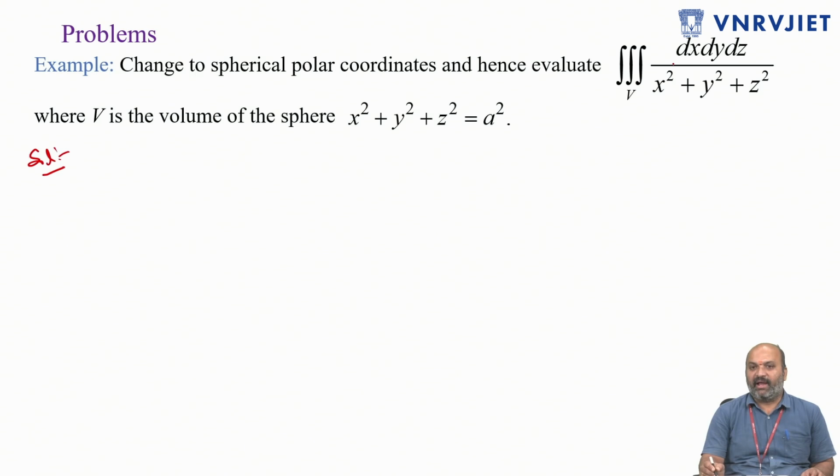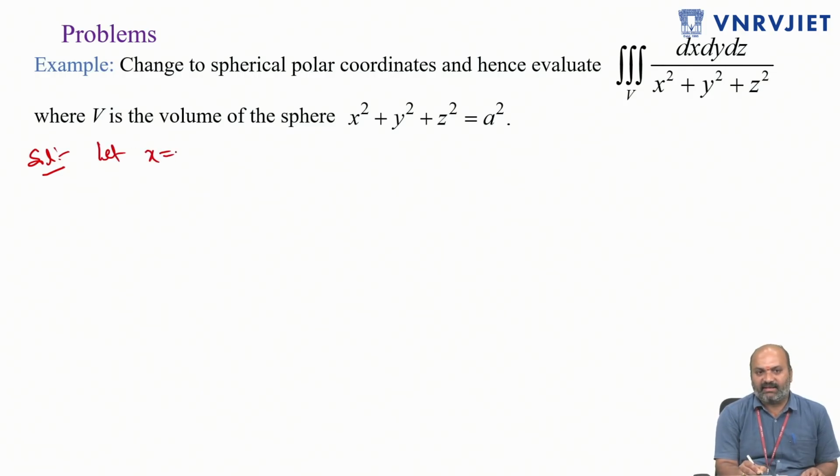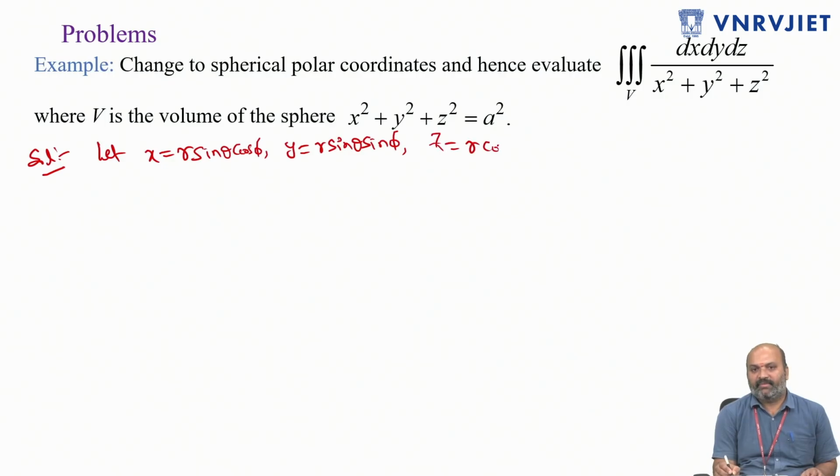So here we have to evaluate this integral over the sphere. Over the sphere, the transformation we use is x = r sin θ cos φ, y = r sin θ sin φ, z = r cos θ.